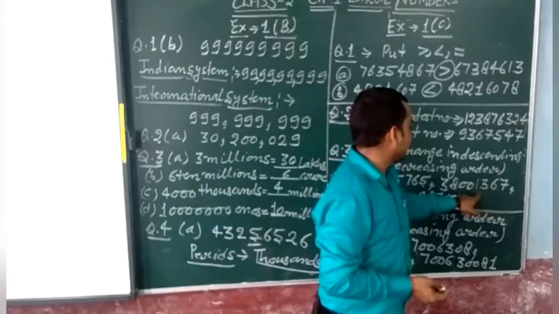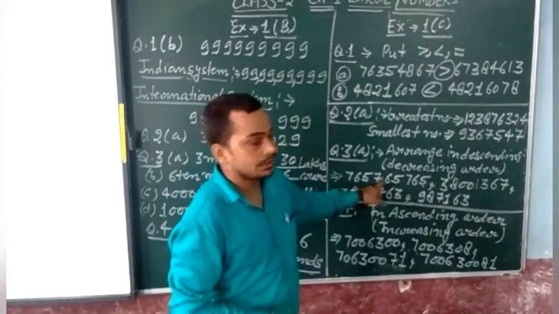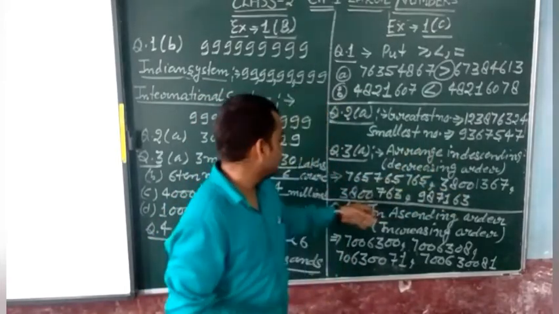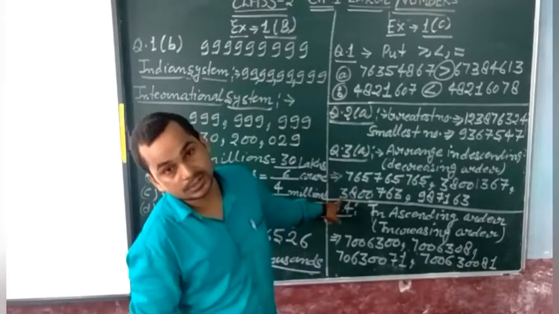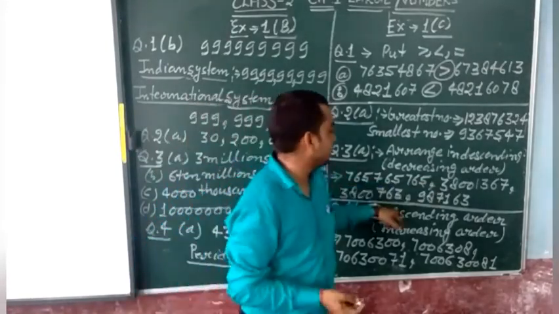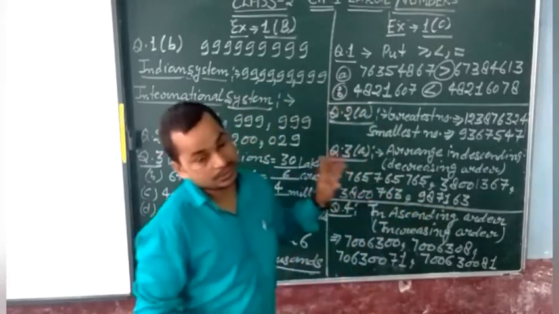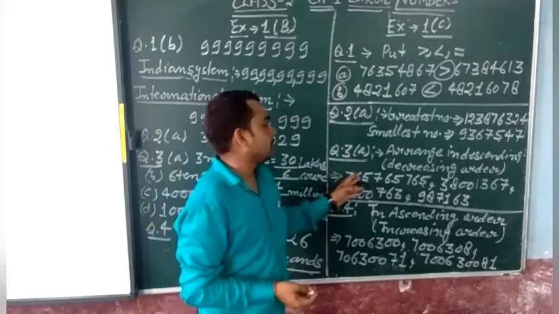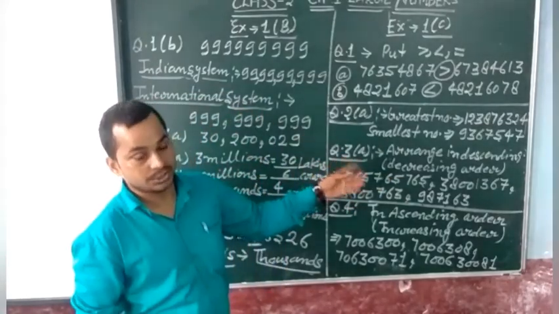Then 1, 2, 3, 4, 5, 6, 7, 8. It has 9 digits, and this one has 8 digits. Then 1, 2, 3, 4, 5, 6, 7. There are 7 digits. Then 1, 2, 3, 4, 5, 6. 6 digits. So arrange in decreasing order. When we talk about descending, that is decreasing order.